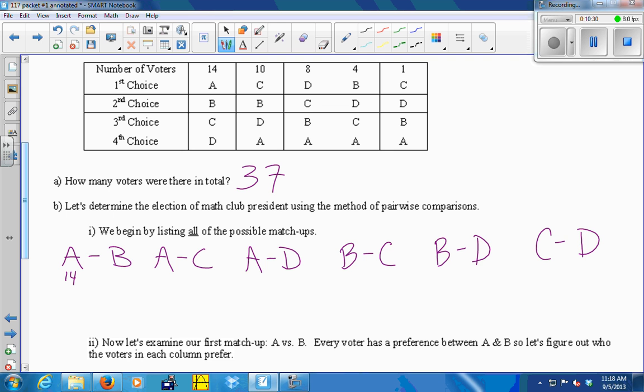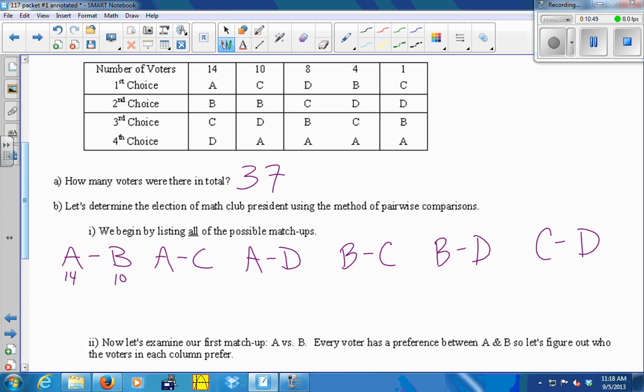These 10 voters, C and D are gone. They have to pick between B and A. Who would they pick? B, because they have B ranked higher than A. Okay, so 10 votes for B now. The next 8 voters, who would they pick if they have to choose between A and B?